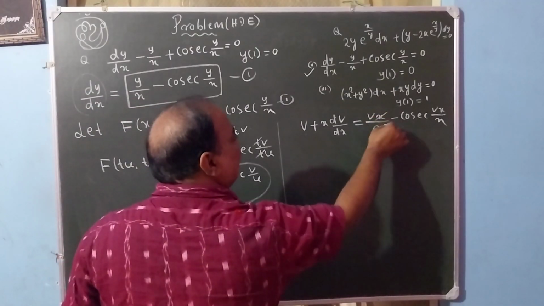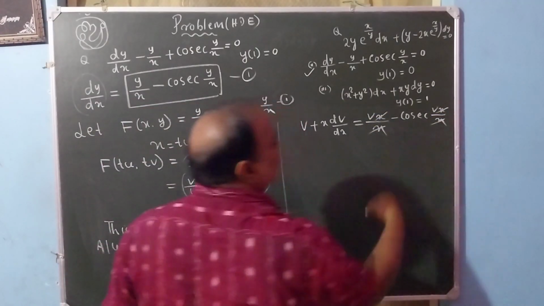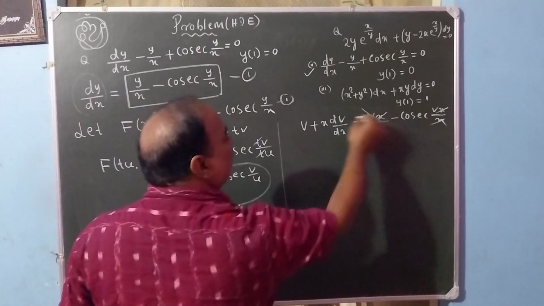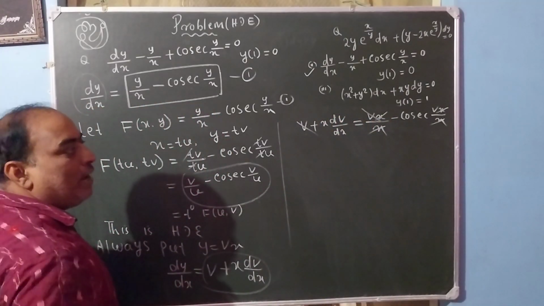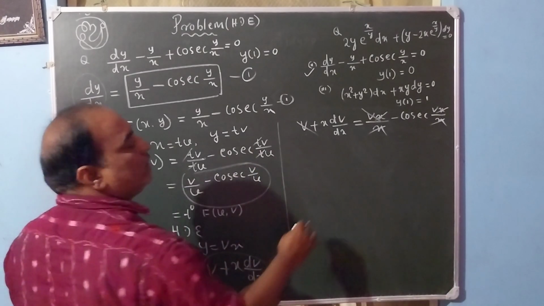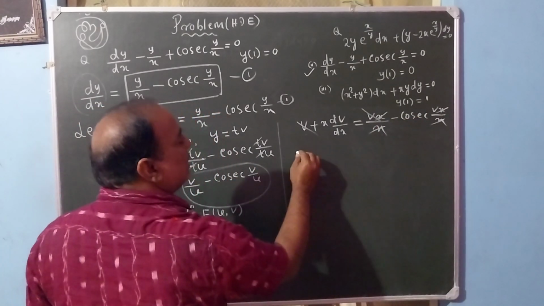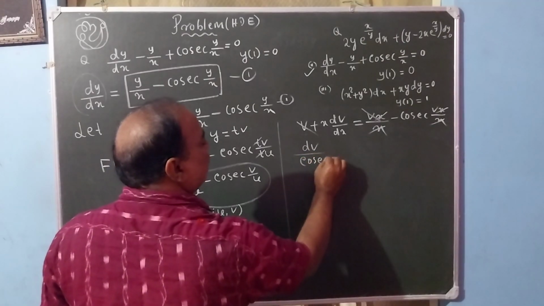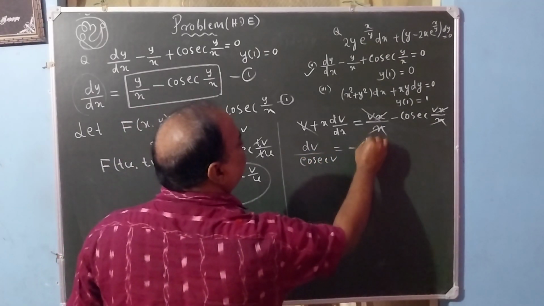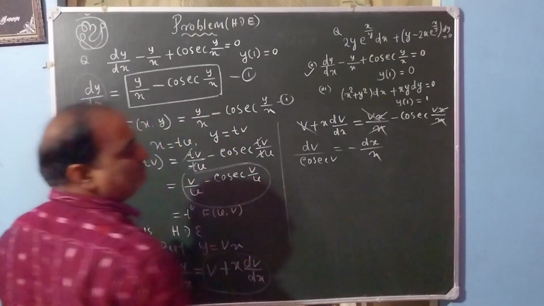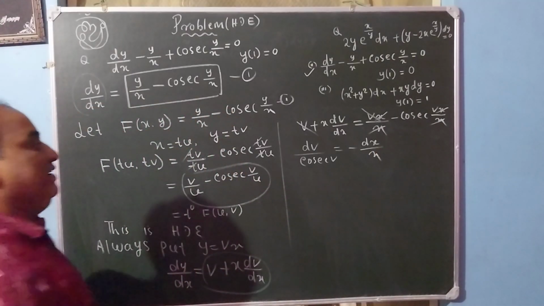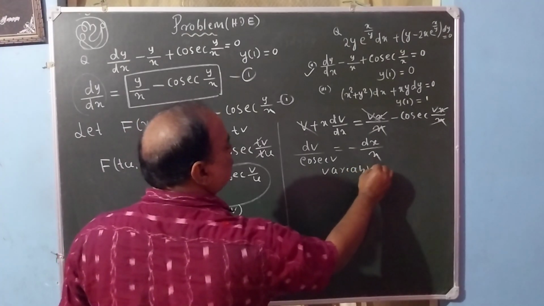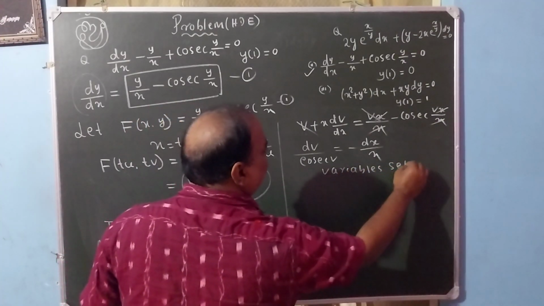This x cancels. Now v on the left side as well as the right side will be cancelled. So now we separate the variables. Cosec v will be divided here: dv by cosec v is equal to minus dx by x. Variables separated.